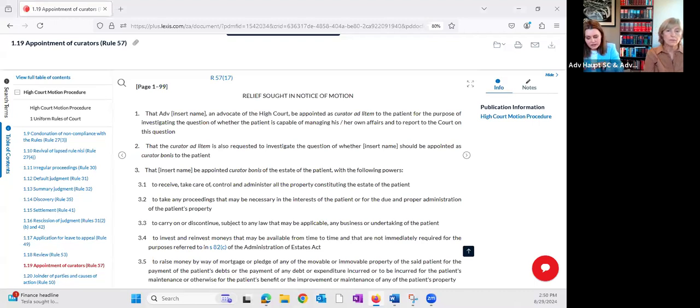Be careful of vexatious, irrelevant, scandalous matter in your affidavit itself, because it may be struck out and it can have a cost implication.